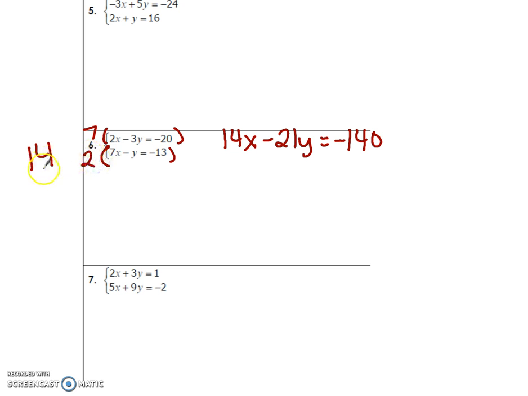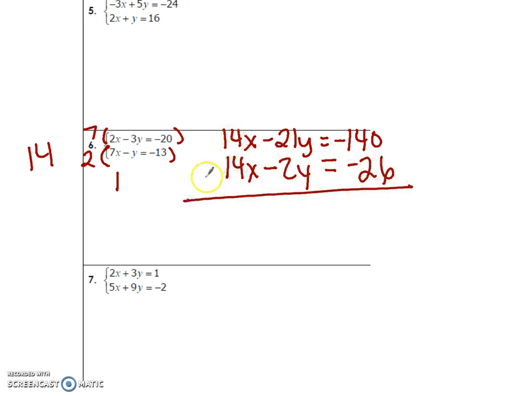Now, why do I do 2? Because we need to get to that 14. Okay, so 2 times 7x is, we'll put it over here, 14x minus 2 times negative 1 is negative 2y equals, and then 2 times negative 13 is negative 26. Okay, so we're going to eliminate this. 14x minus 14x will cancel out. Negative 21 minus negative 2y is like adding, so that gets us negative 19y equals negative 140 minus negative 26 is like adding 26.